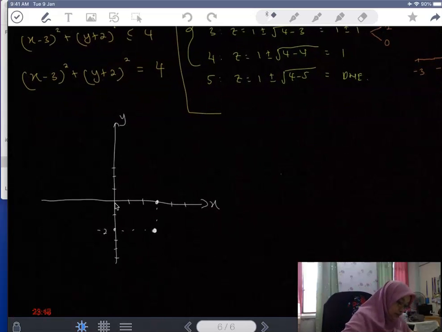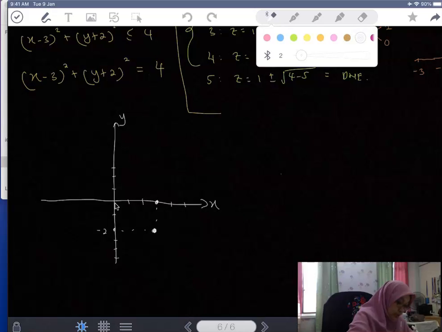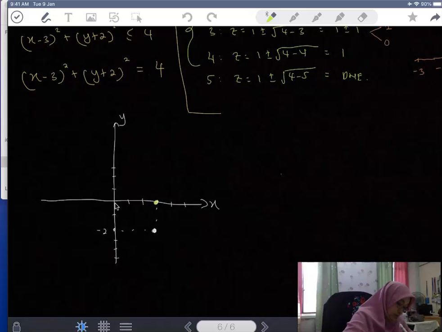And then radius 2, so the intercepts are 5 and minus 1 on the x-axis. So this is negative 1, this is 5. Okay, so that is your circle.